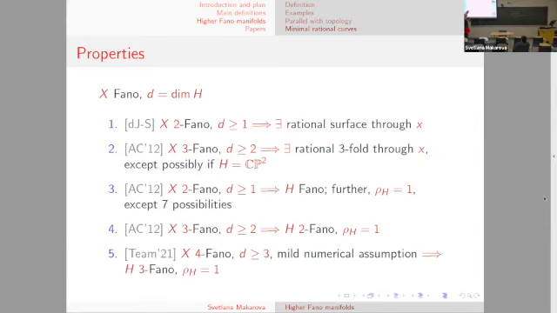Then de Jong and Starr prove that if X is 2-Fano, with an assumption on D that it is at least 1, then there exists a rational surface through a general point of X. By a rational surface, we mean a surface which has an open subset which is an open subset of CP2.